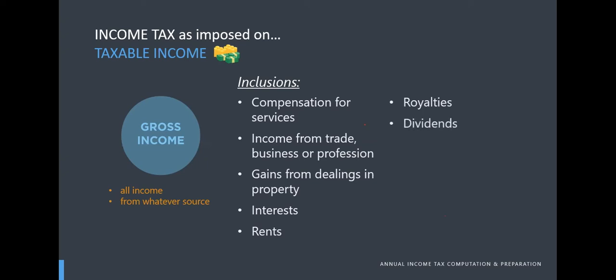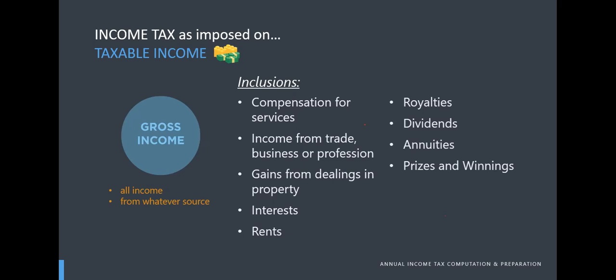Dividends. This is for stockholders. This is the income they receive from corporations. Annuities. This is related to insurance contracts, the income earned from insurance contracts. Prizes and winnings.